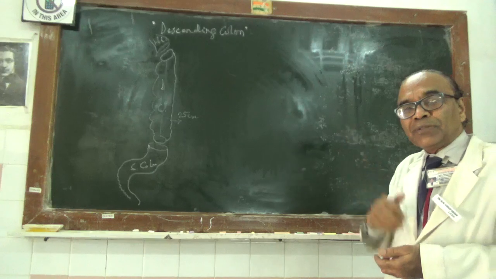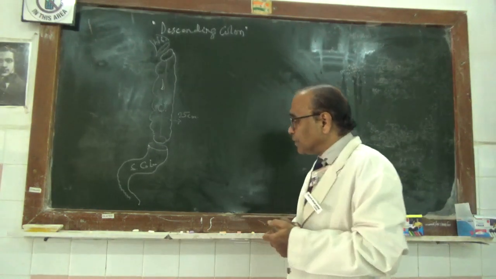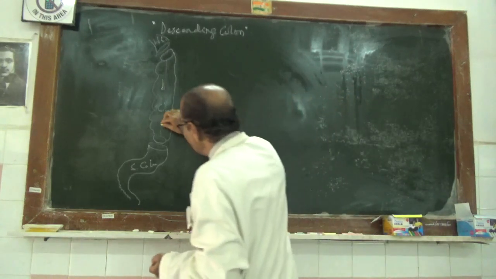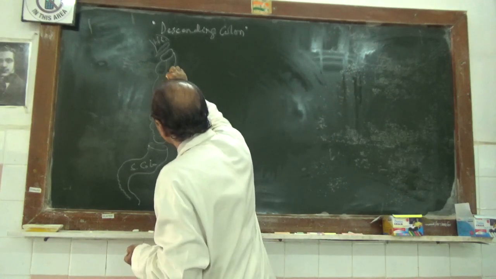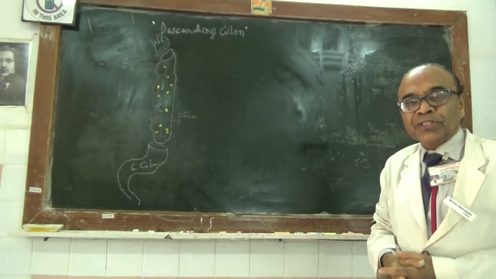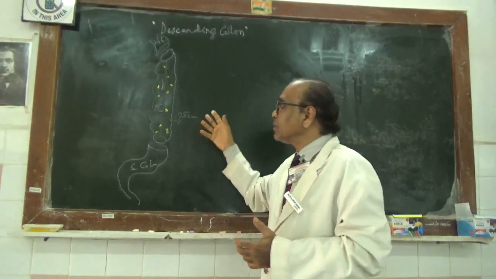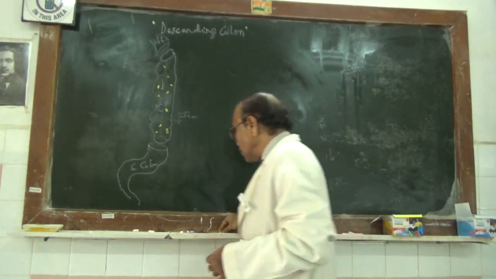They are interrupted by the longitudinal fibers, because of that there will be sacculations. Then you will have the appendices epiploicae here and there on this descending colon, rather bigger in size.